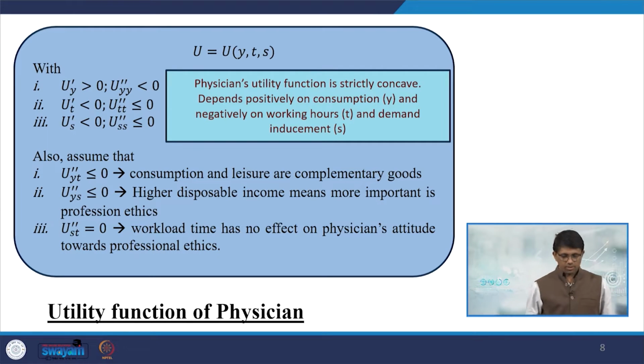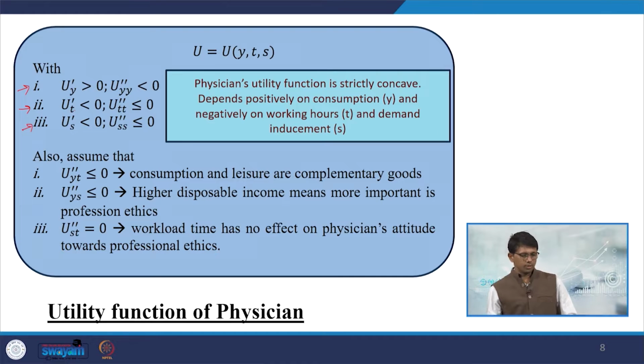One is its first order derivative will be positive and second order negative, that is precisely called the concave function, with respect to income, first order derivative with respect to income, and what happens in terms of T, with respect to T. The first one is in terms of Y, the second one is on T, the third one is in terms of the induced demand units.